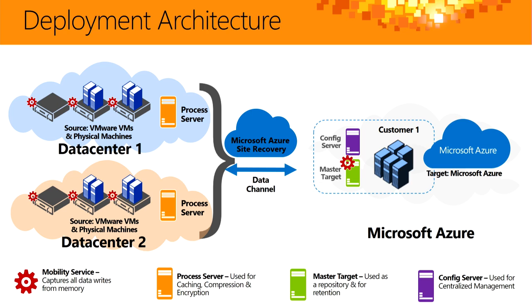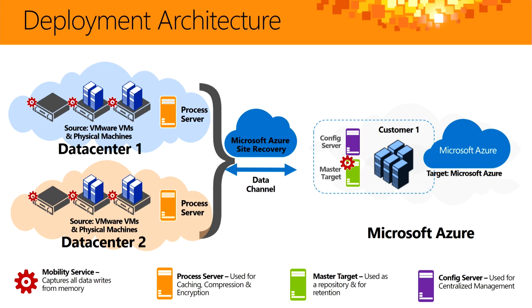So your process server, once it gets the information from the configuration server that says, I need to protect machine 1, 2, and 3, will ping those machines through WMI and file sharing services. We'll copy and install what's called the mobility client on those servers.